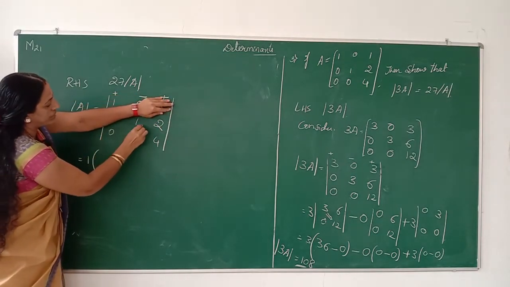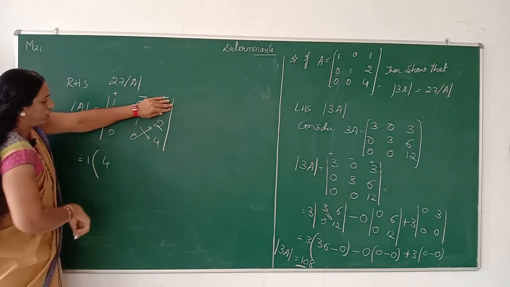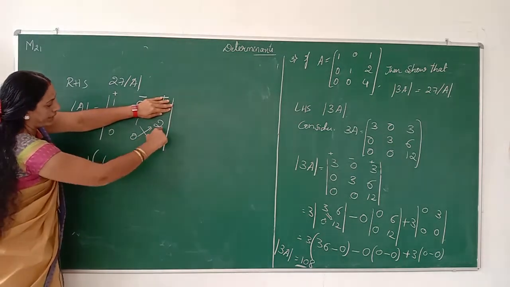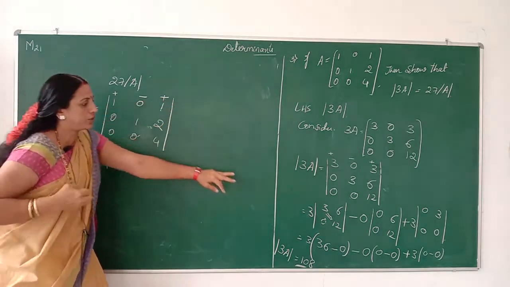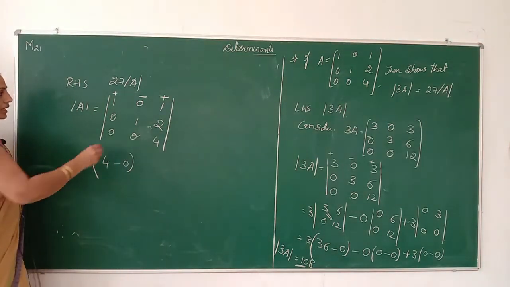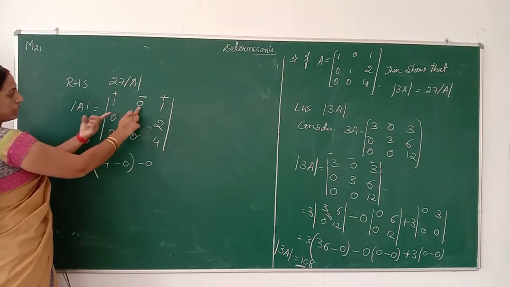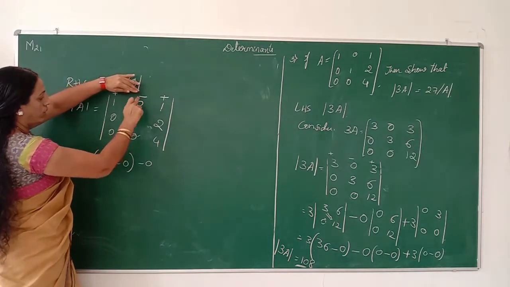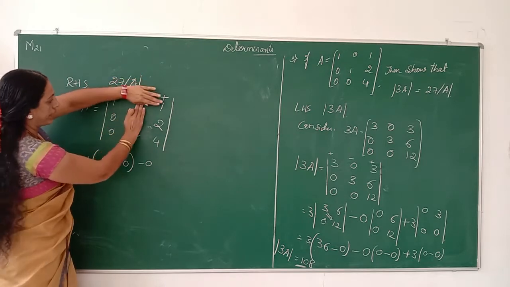Then these elements are cross multiplied. 1 into 4 is nothing but 4, and for the other diagonal 2 into 0 is 0. It is not necessary to mention the second order determinant. Similarly, the next element is 0, which is an element of the first row and second column.